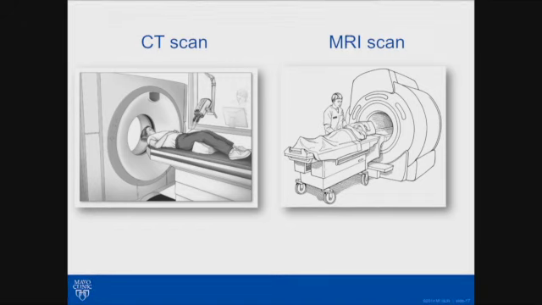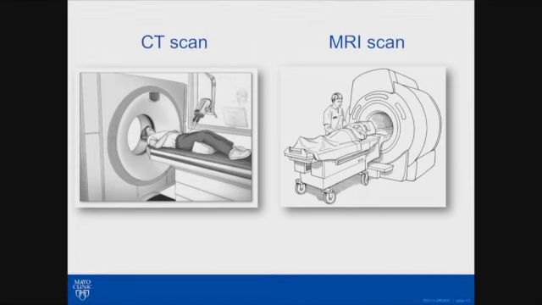We also use MRI scanning, which is a little different in that this is a longer, narrow tube. Each one has some advantages. CT scan is faster, MRI takes longer, MRI is noisier, as some of you may know, and some individuals may not tolerate being in a very enclosed environment as in an MRI scanner.